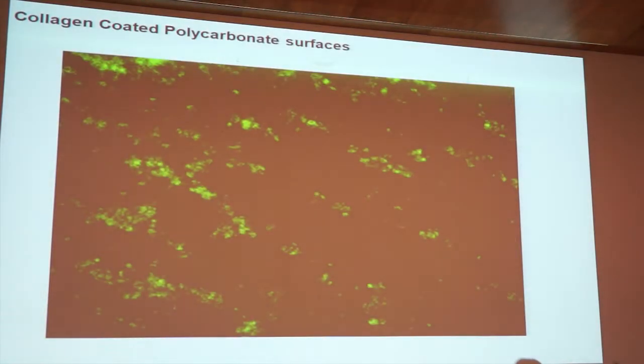And here is what actually happens when you have one of these surfaces, a still picture of blood flowed over a surface on the polymer polycarbonate with collagen coating. As you can see, as our American friends would tell you, this lights up like the 4th of July there. And what's actually happening is these are aggregates of platelets on the surface, and you certainly don't want that in your bloodstream, which is going to find the brain and cause issues.